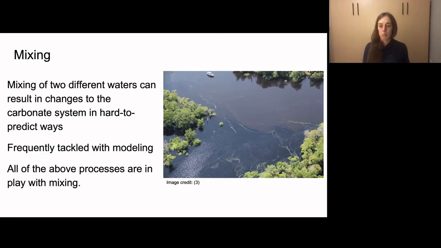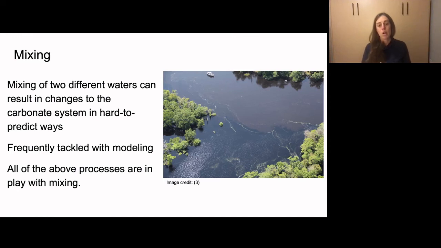Finally, like we talked about at the very beginning of this lecture with the mixing of two different waters, that can result in changes in our carbonate system in very hard to predict ways. One of the reasons why is there's all sorts of factors that can come into play when waters are mixing. All of the processes that we were talking about in this lecture can be a part of these different waters mixing.